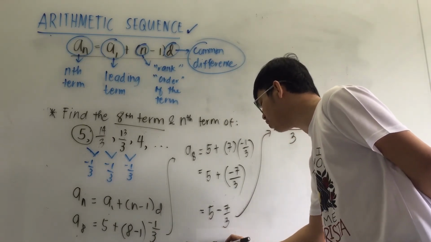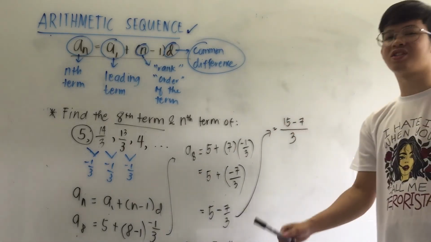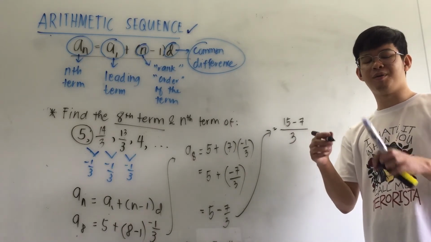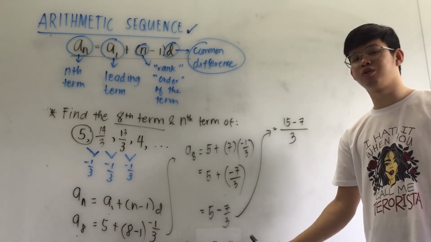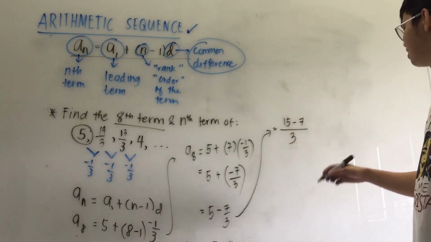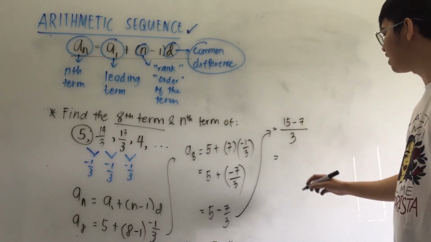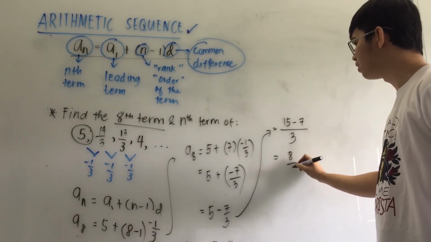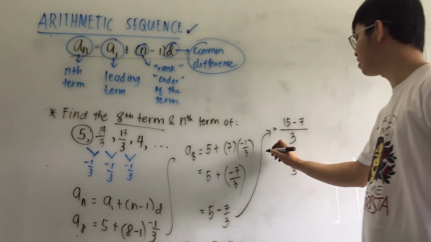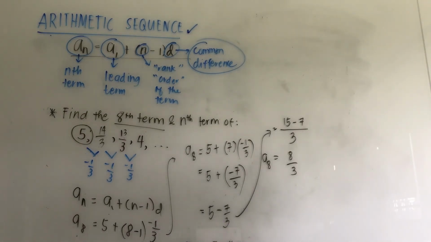I will be providing you with videos regarding fractions. We cannot just go back to this. I will be providing you elementary examples on how to solve for fractions, okay? How to subtract fractions. Therefore, we will be having 15 minus 7 is technically 8 over 3. So that is your 8th term, a sub 8. Okay, so there.